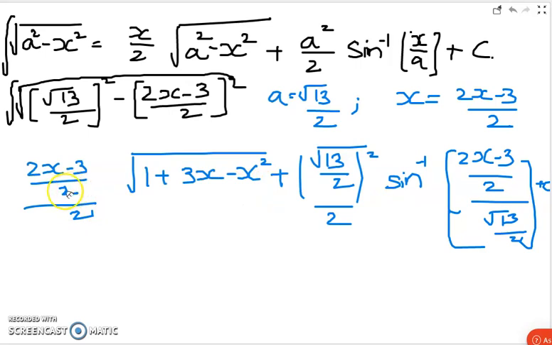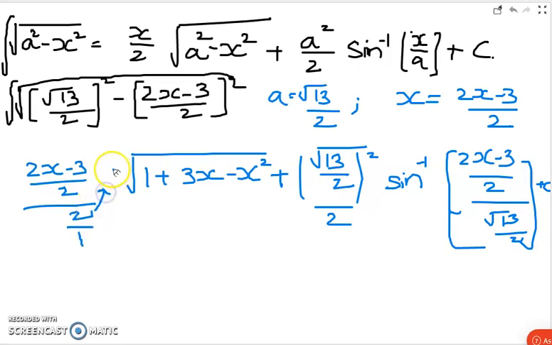The 2 gets cancelled? No, it is 2 by 1. If it goes up, what will it be? 1 by 2. It won't cancel. Every time keep this in mind. See, 2x minus 3, if it goes up, will become 1 by 2.